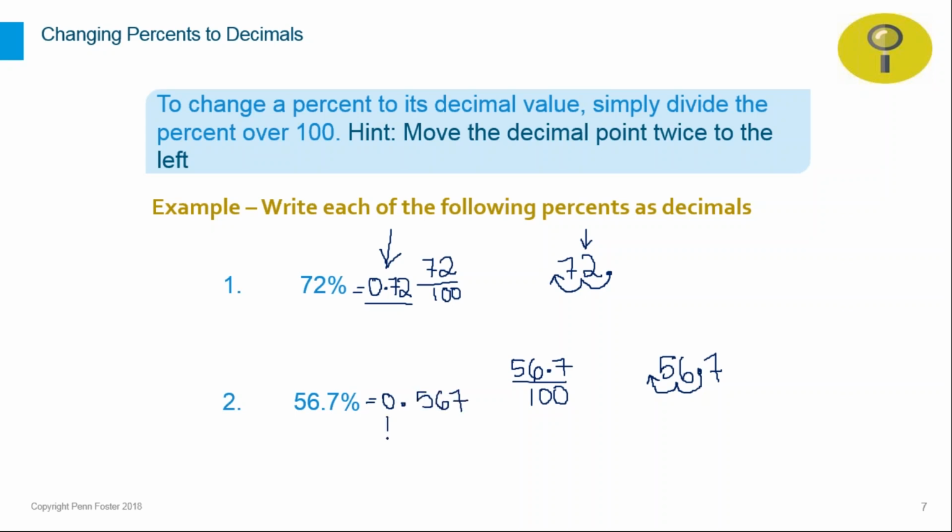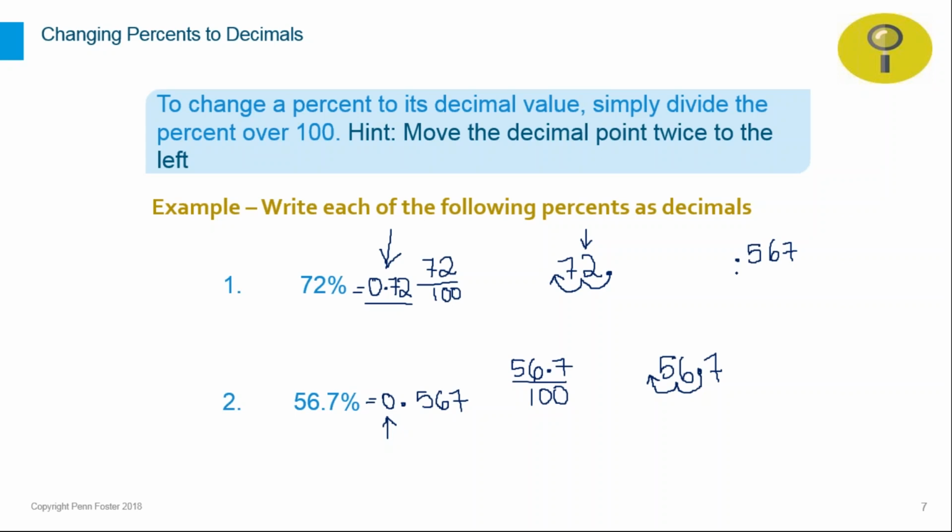0.567. Why do I write a 0 on the far left of my decimal? This is a habit that I just wanted to keep. Sometimes when you read a number like this, because the decimal point is a tiny sign, we sometimes overlook it.